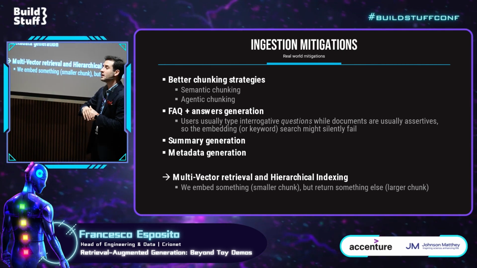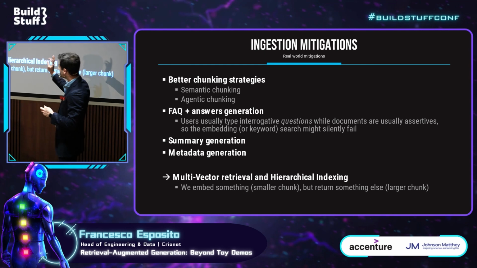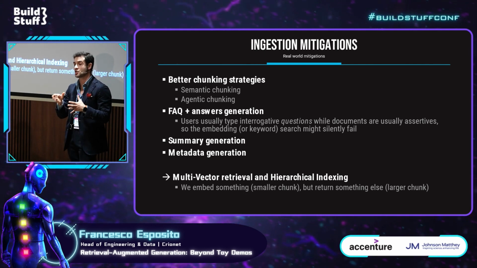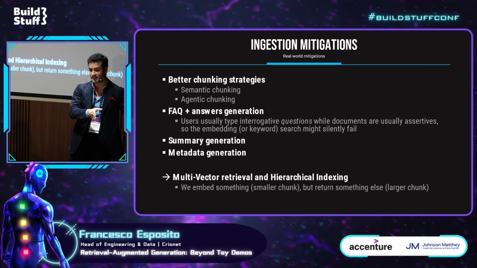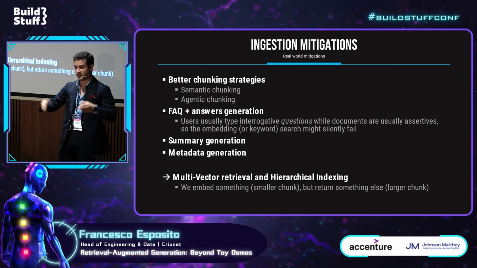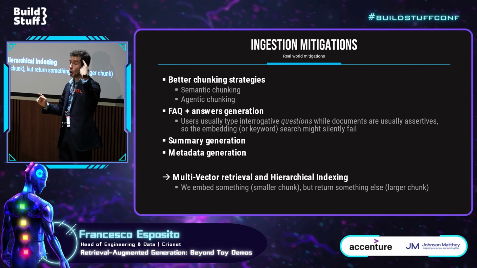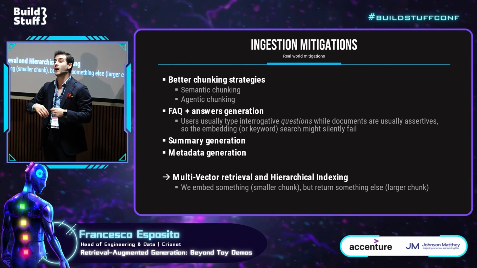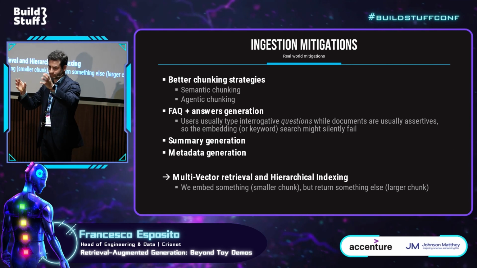Essentially, they were using agentic chunking, but they didn't just chunk the original text. They asked the model not just to separate sentences and words and paragraphs, but also to add to each chunk the context.